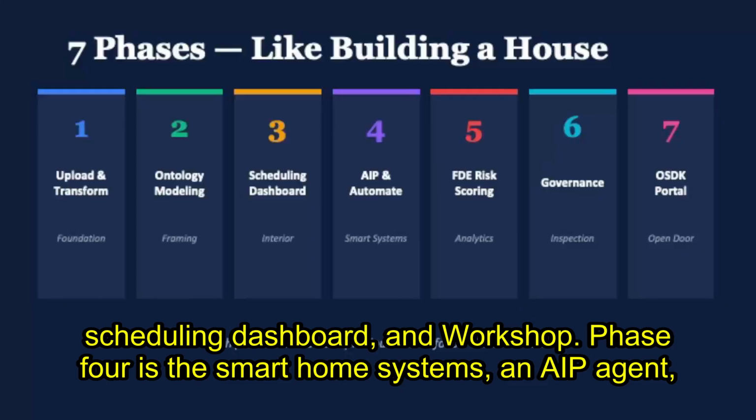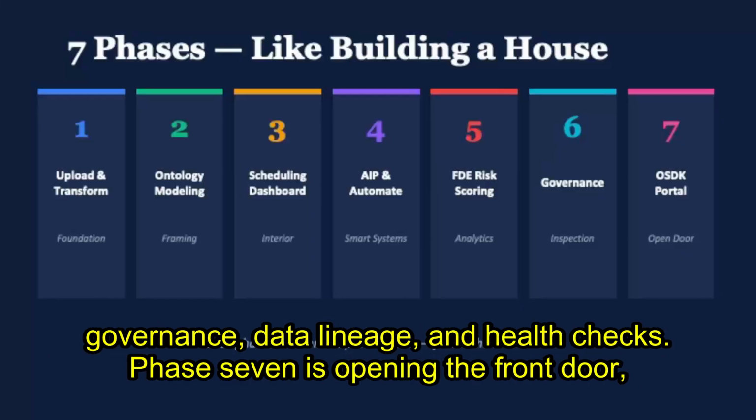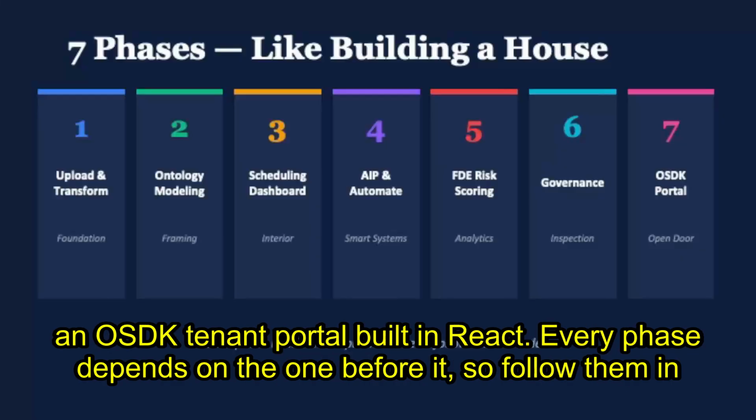Phase 4 adds the smart home systems, AIP agent and automate rules. Phase 5 is analytics, FDE risk scoring with TypeScript. Phase 6 is inspection, governance, data lineage, and health checks. Phase 7 is opening the front door, an OSDK tenant portal built in React. Every phase depends on the one before it, so follow them in order.